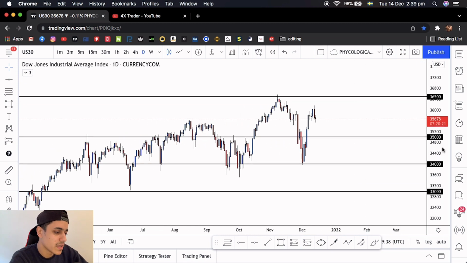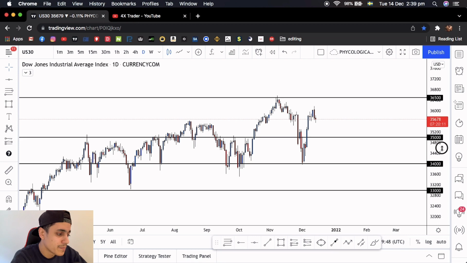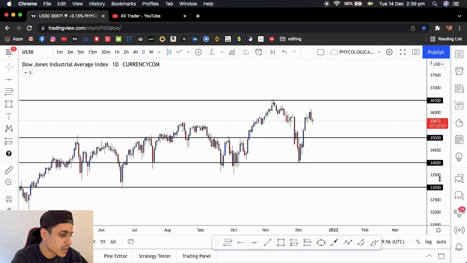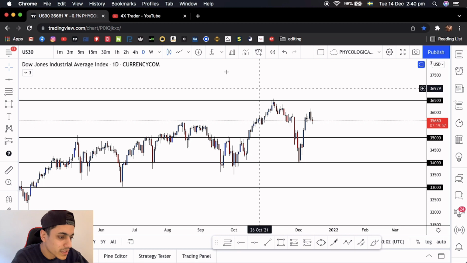So this is why I like psychological numbers when it comes to the indices, especially US30, to be honest, because banks don't like to trade the market just anywhere and everywhere, right? They like round numbers.